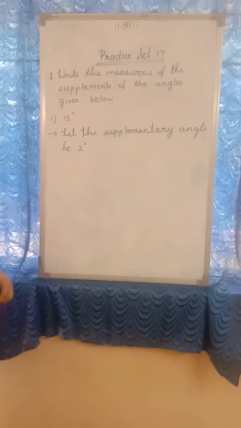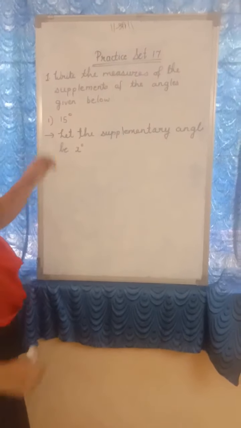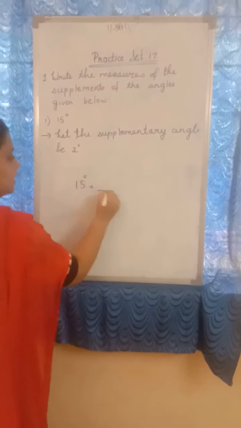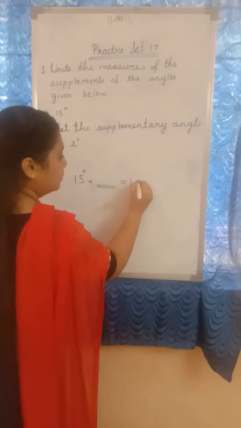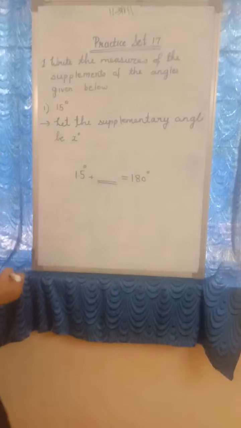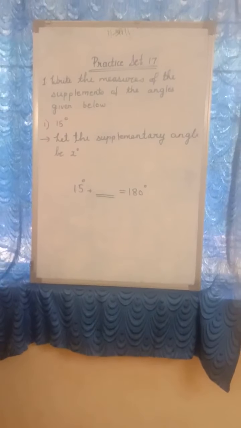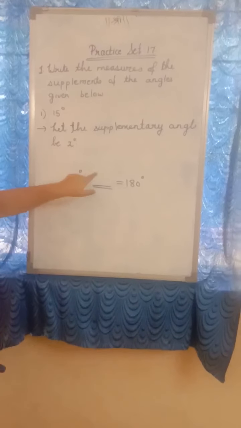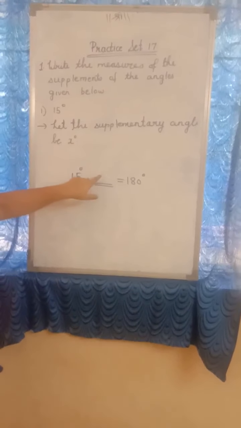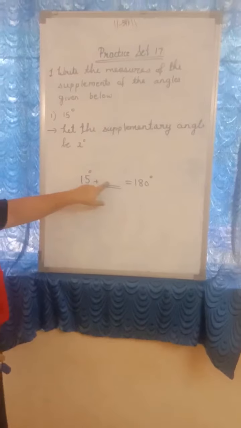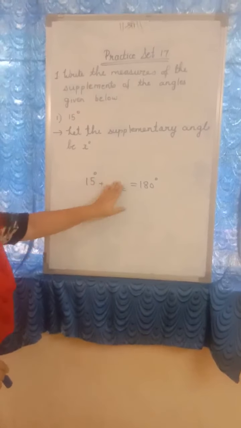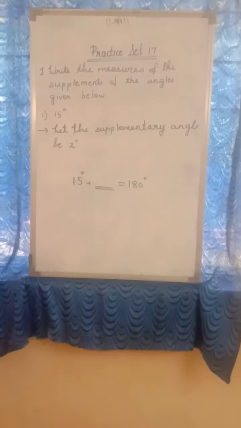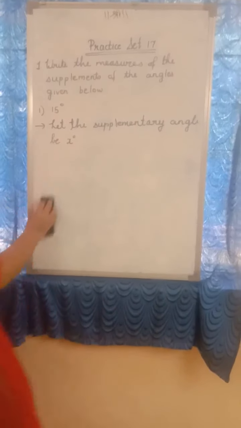We want to find the value of this x. We know 15 degrees plus this angle we don't know, but it is a supplementary pair, so it is 180. So let the supplementary angle be x. Did you understand, children? x will be supplementary to 15 degrees.